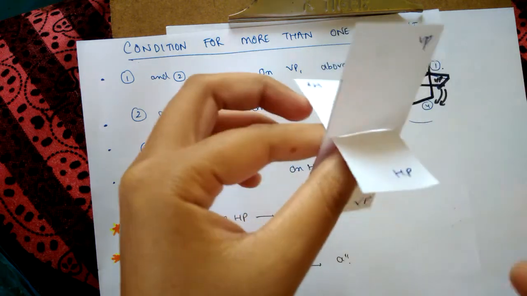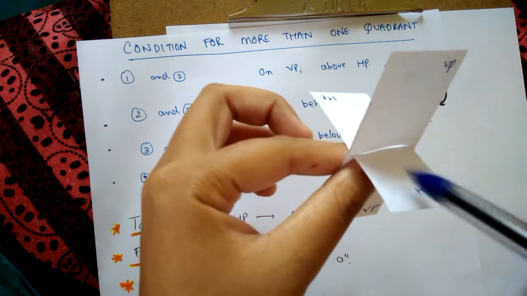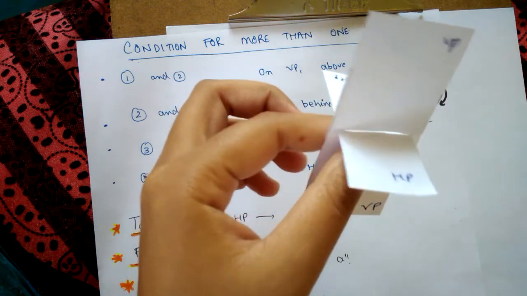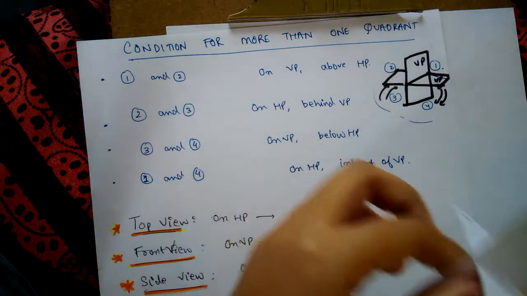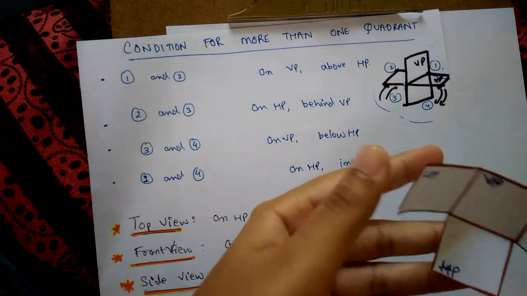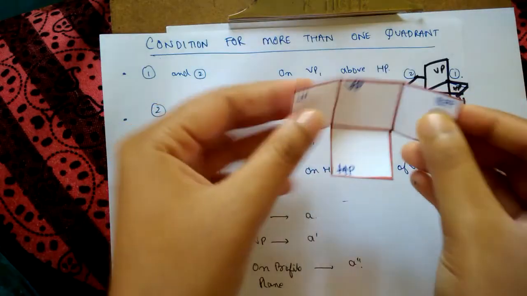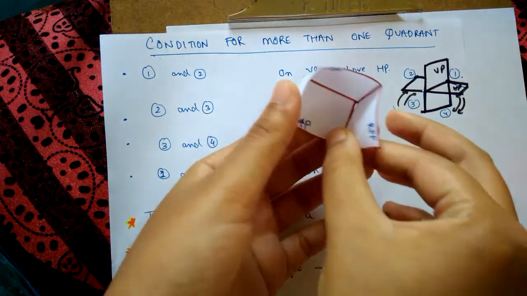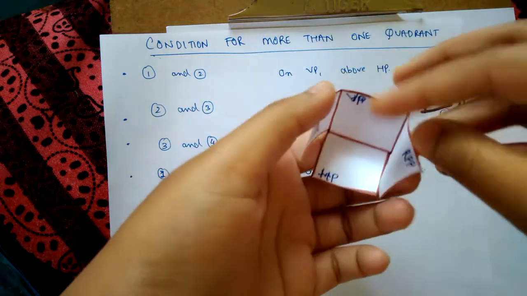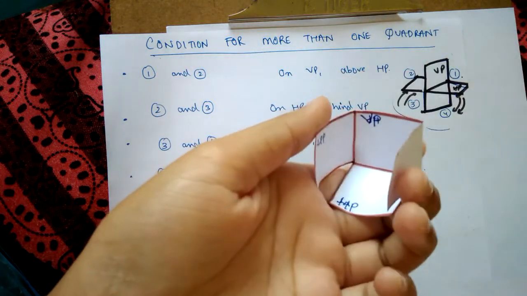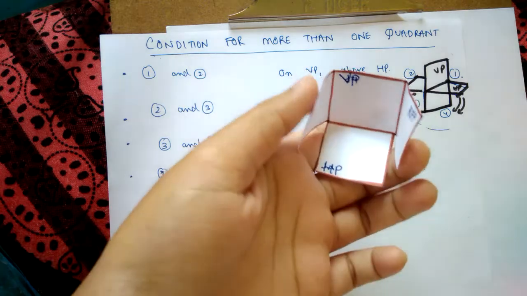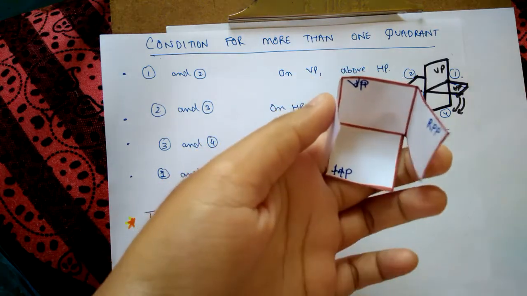Coming to the views in the first quadrant, the first angle of projection, how do we visualize this? We can visualize a 3D view of all the planes together, like this, where the vertical one is the vertical plane and the horizontal one is the horizontal plane.